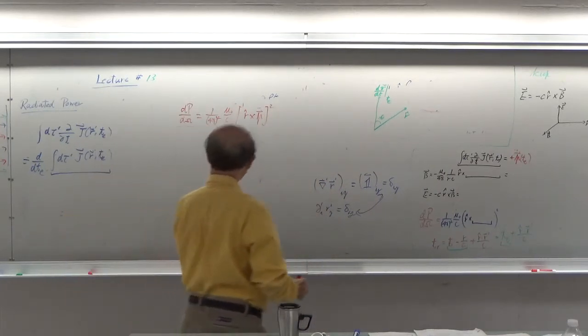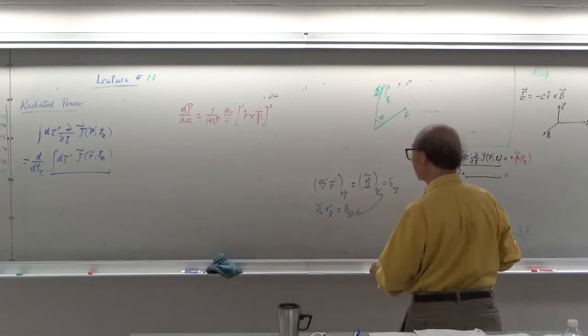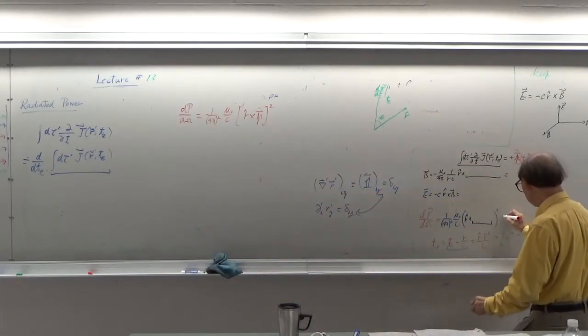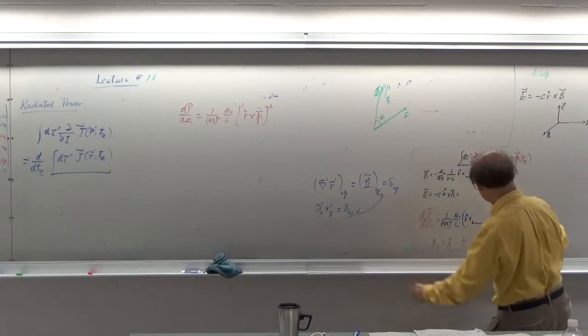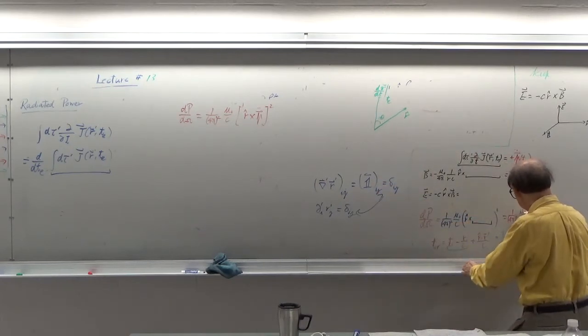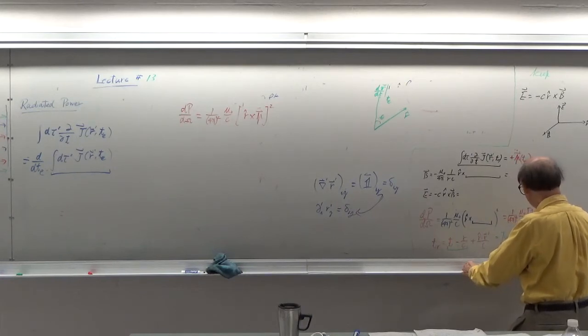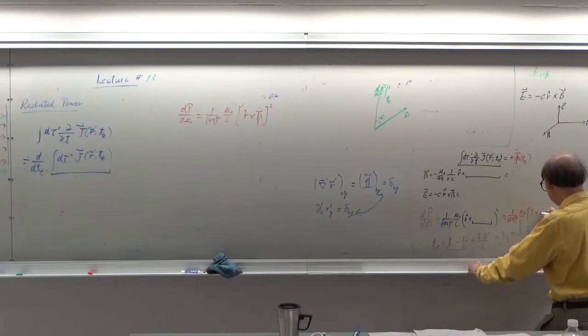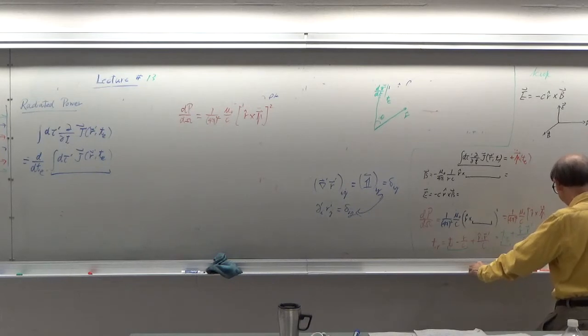Okay, let me write this down. So this is equal to 1 over 4 pi squared, mu naught over c, of r hat cross P double dot, squared. Let me leave some space.